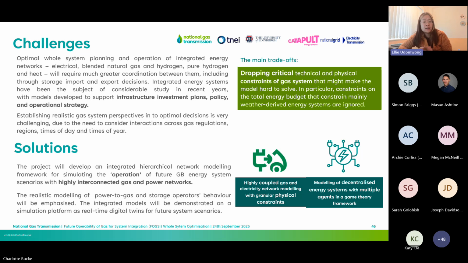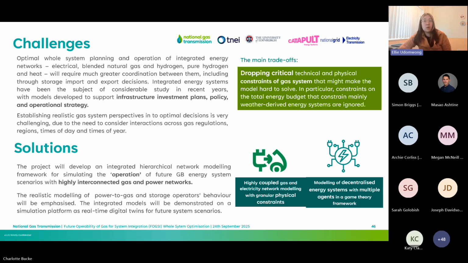We need much greater coordination between these networks, especially when it comes to storage, import, and export decisions. The integrated energy system has been studied quite extensively over the past years, and models have been developed to support infrastructure investment plans, policy, and operational strategy as well.